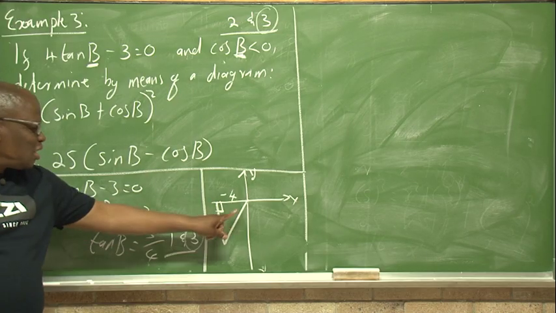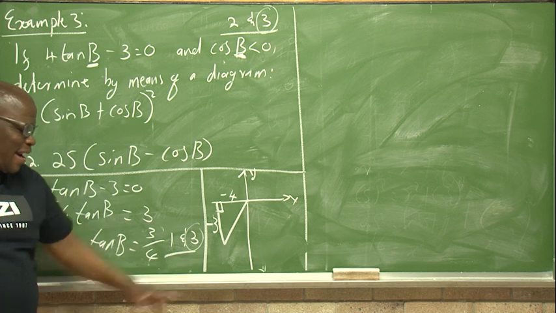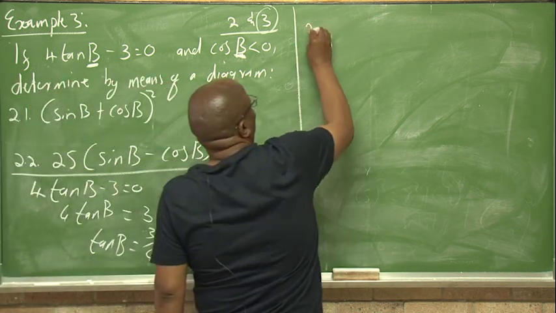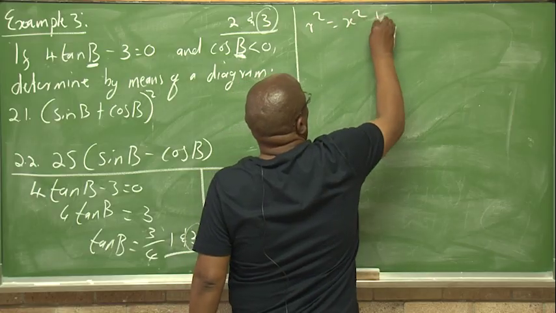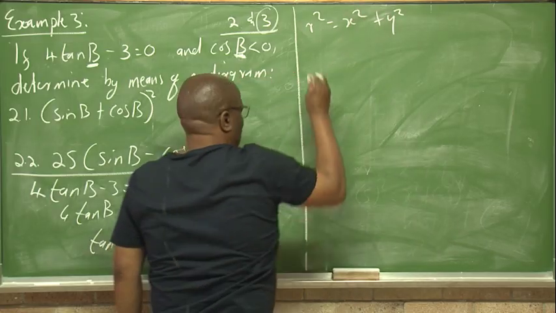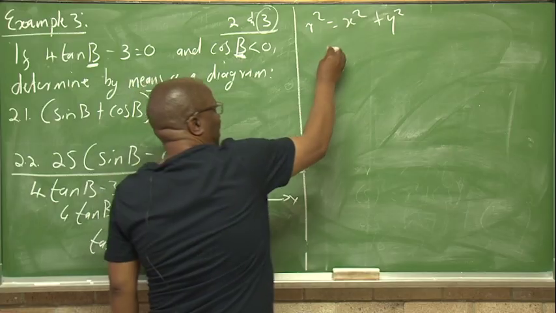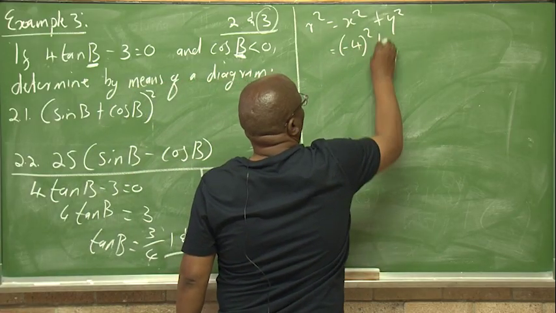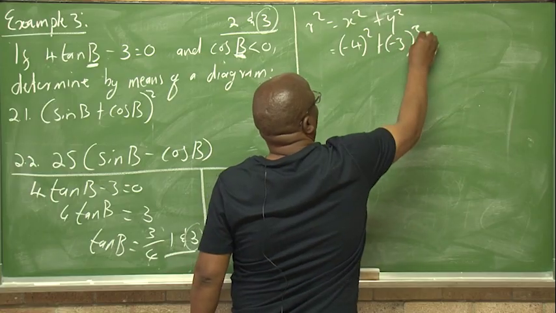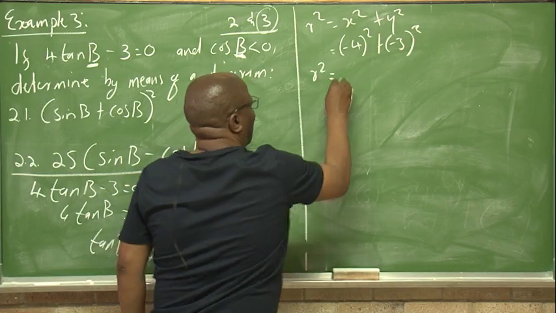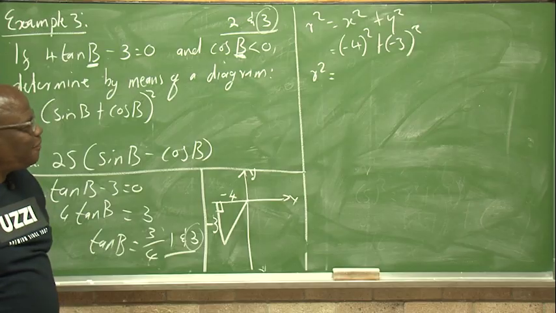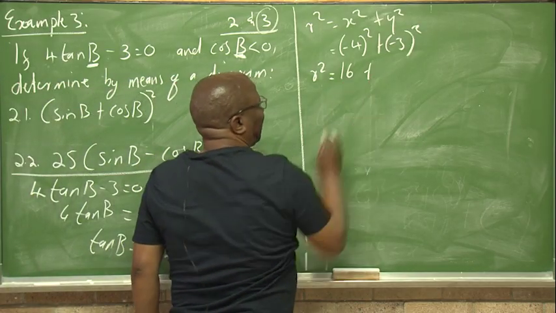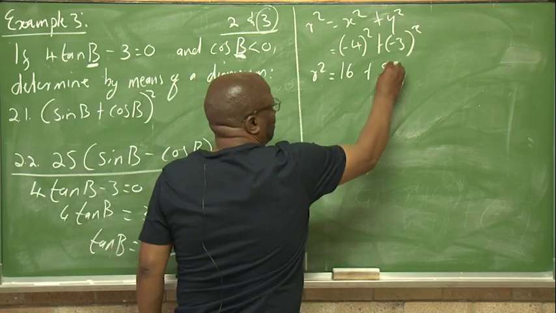Use Pythagoras to work out R, this remaining side. According to Pythagoras' theorem, R squared is equal to X squared plus Y squared. We are given X as negative 4, you square it, and Y as negative 3, you square it. Negative 4 squared gives you 16. Negative 3 squared gives you 9.